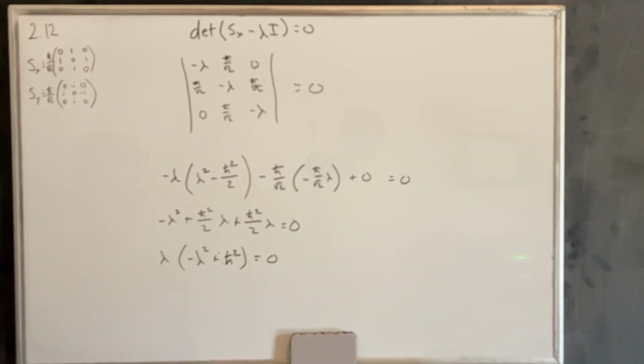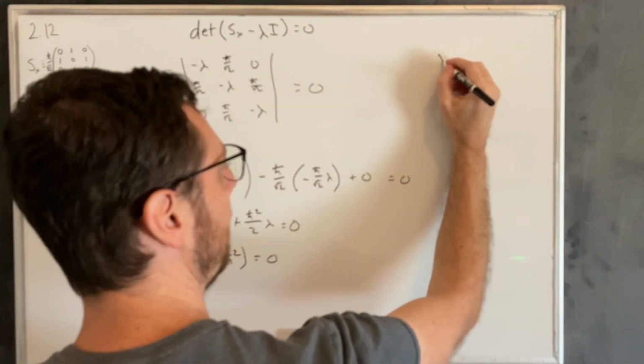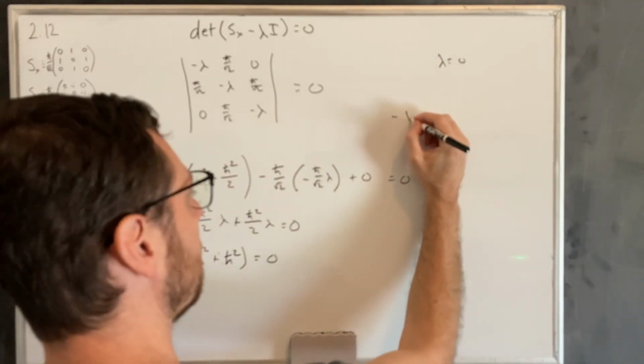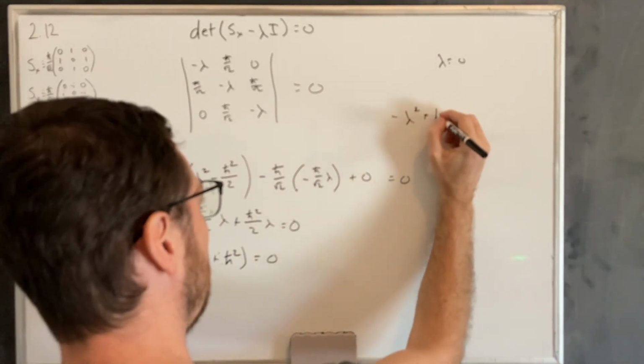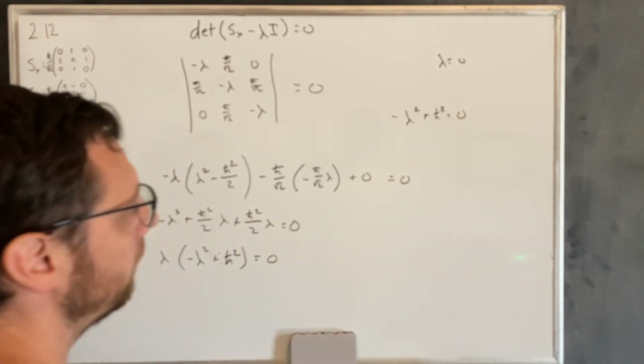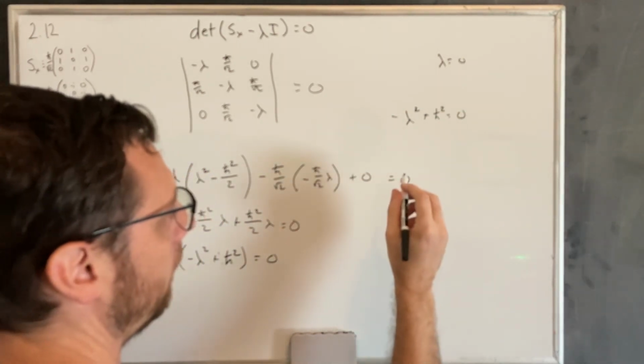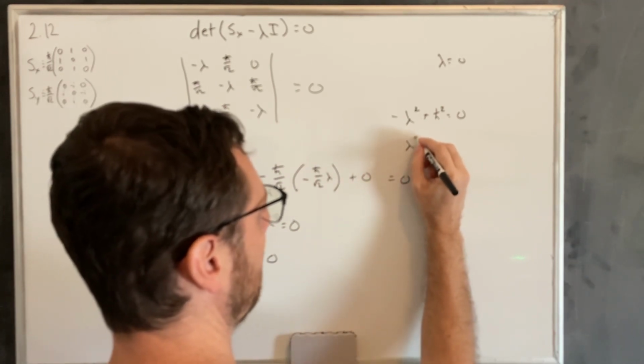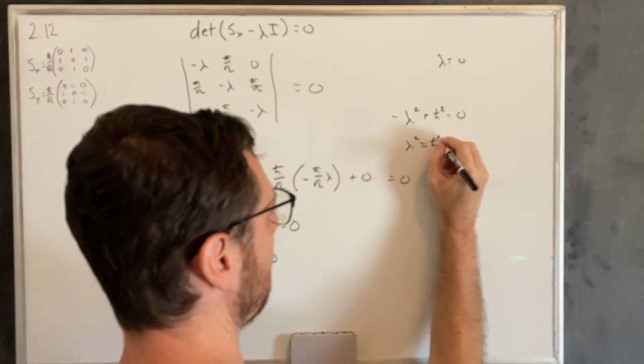So one option is just that lambda is equal to 0. The other option is that negative lambda squared plus h bar squared is equal to 0. And then we can just move the negative lambda squared to the other side. So we have lambda squared equals h bar squared.